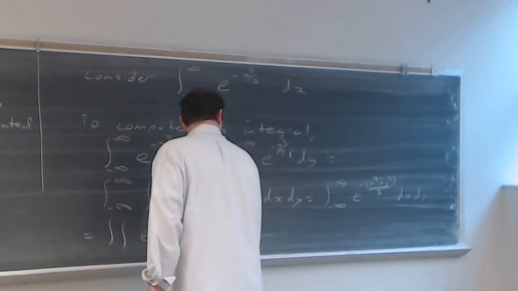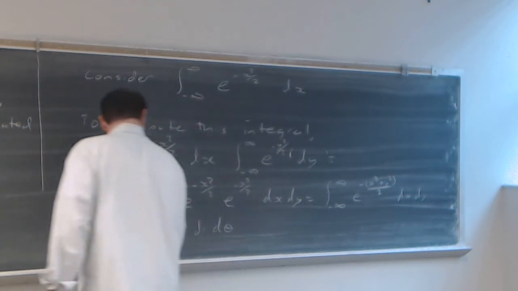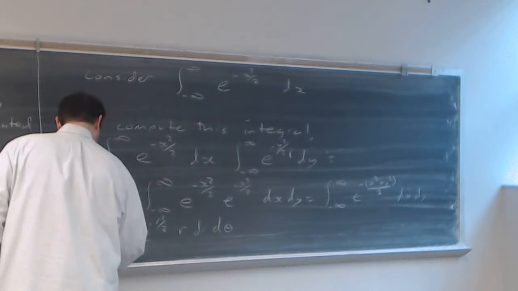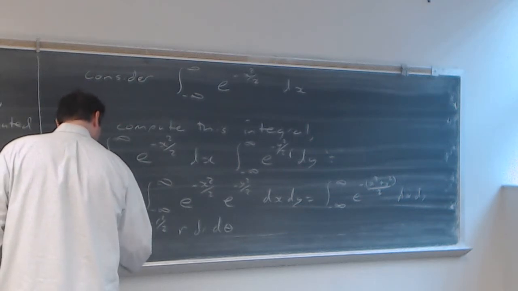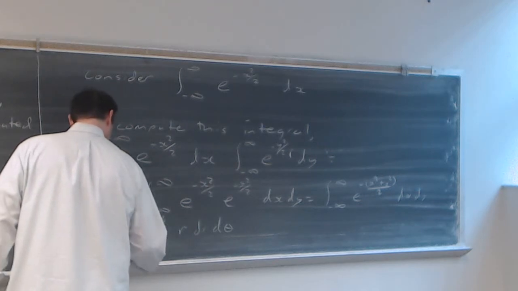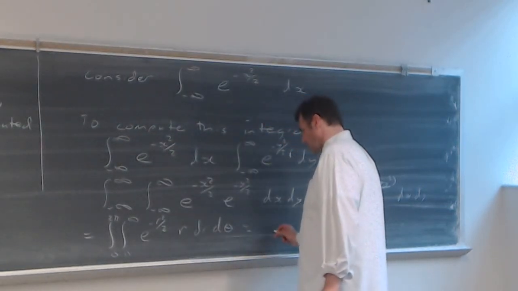And then the dx dy becomes r dr d theta. To get the whole xy plane, our theta values run from 0 to 2 pi, and r runs from 0 to infinity.